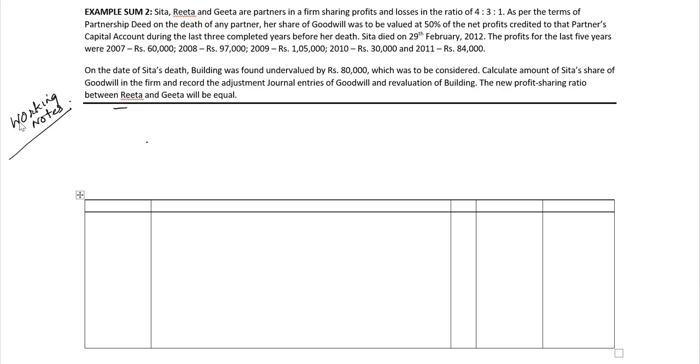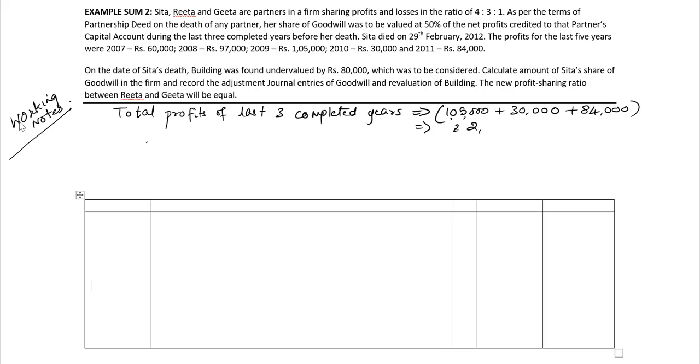So let's get the total profits of last 3 completed years. This is equal to 1,05,000 rupees plus 30,000 rupees plus 84,000 rupees, which is equal to 2,19,000 rupees.